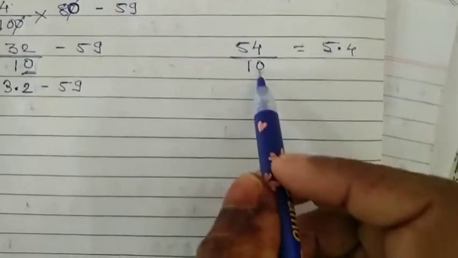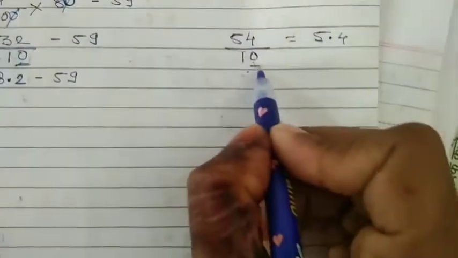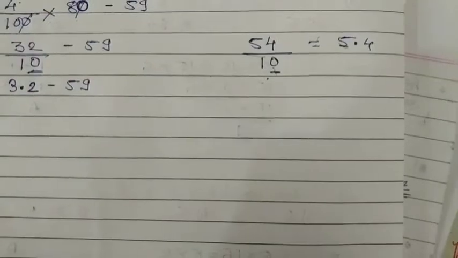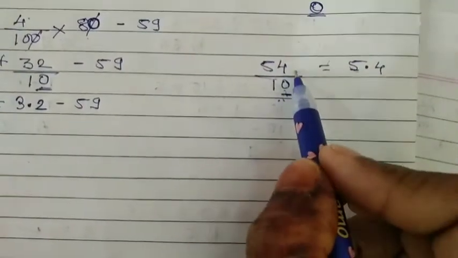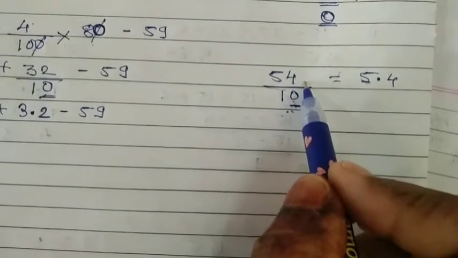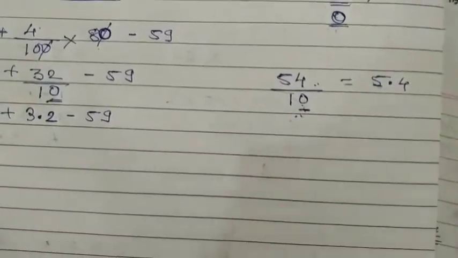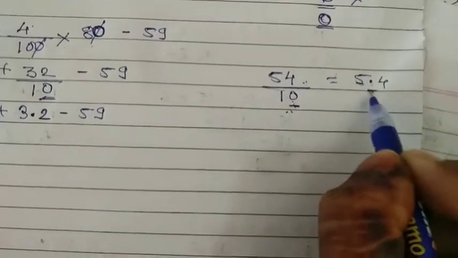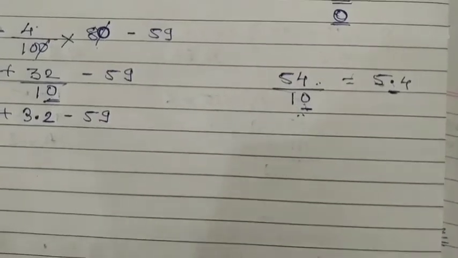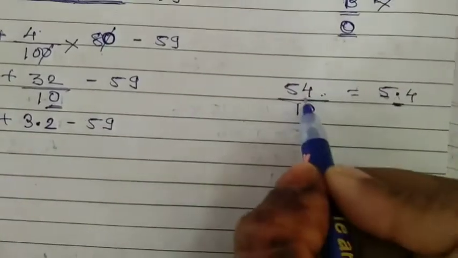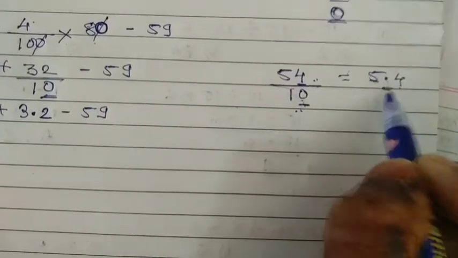This is 54 divided by 10, so here is only 10. When this 0 moves to the numerator side, we put a point before only one digit, that is 4. So before one digit, 5.4.